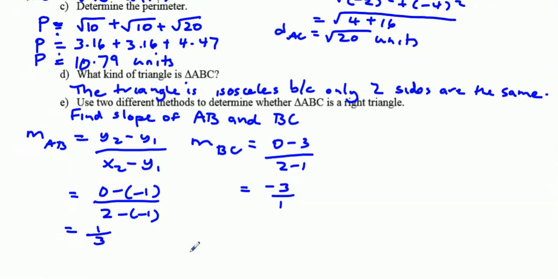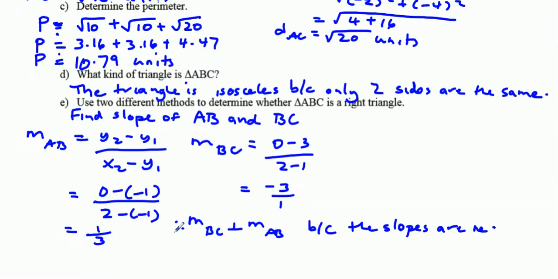So the slope of BC is perpendicular to the slope of AB, right? We can just say, because, let's put a therefore statement there. Therefore, the slopes are negative reciprocals of each other.